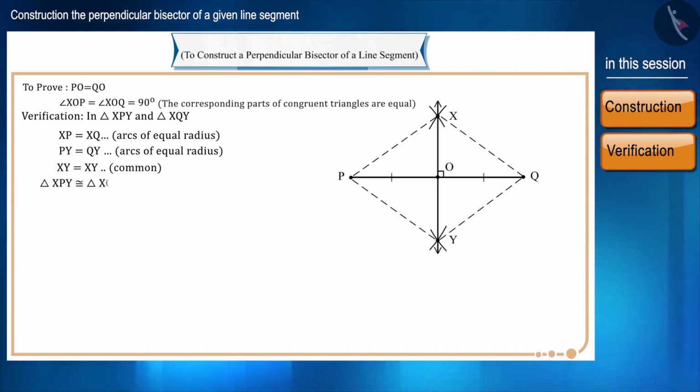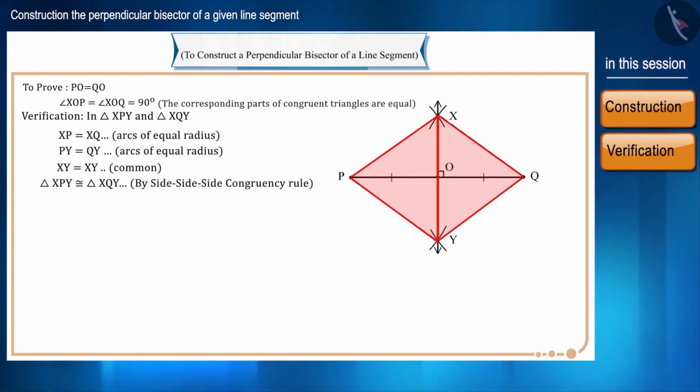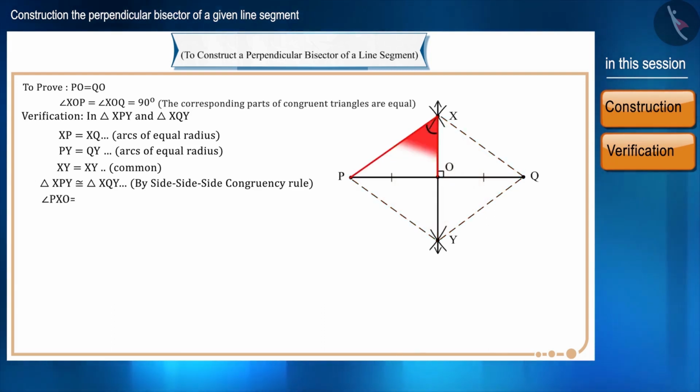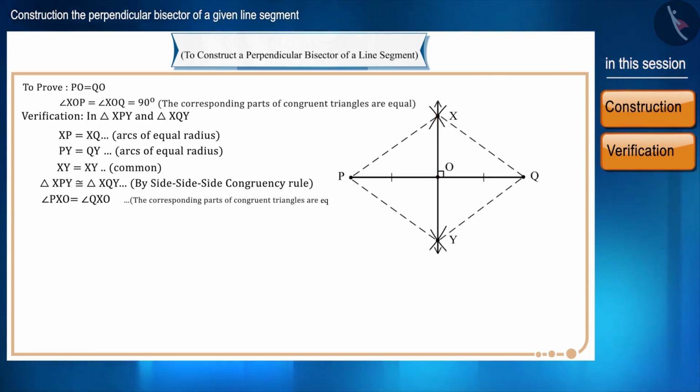That is, triangle XPY and triangle XQY are congruent by the side-side-side congruency rule. Therefore, angle PXY, or say angle PXO, will be equal to angle QXY, or say angle QXO, because the corresponding parts of congruent triangles are equal. Let this be equation 1.